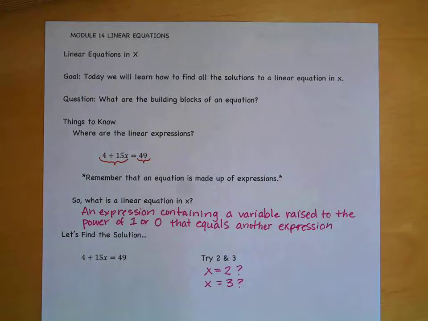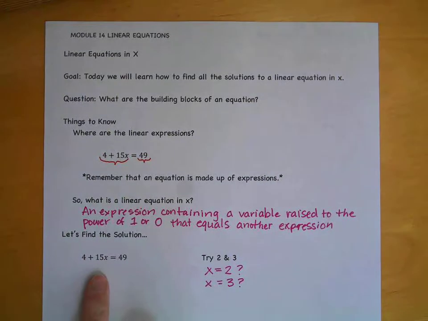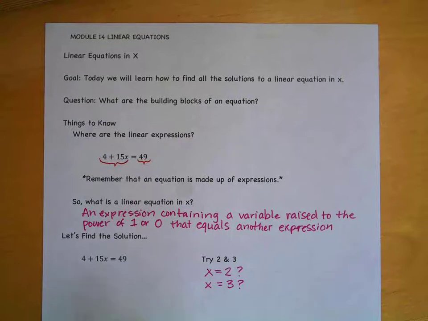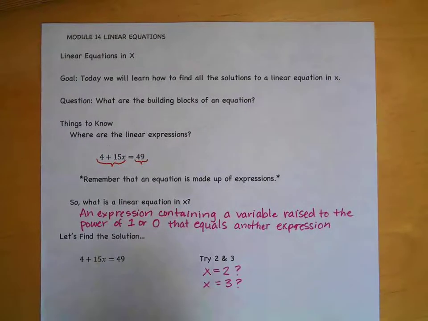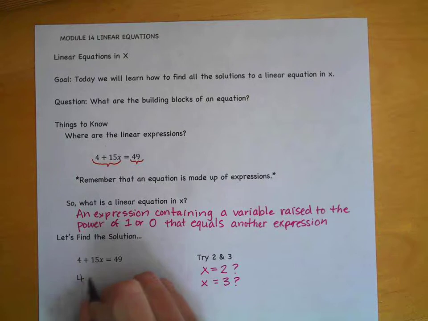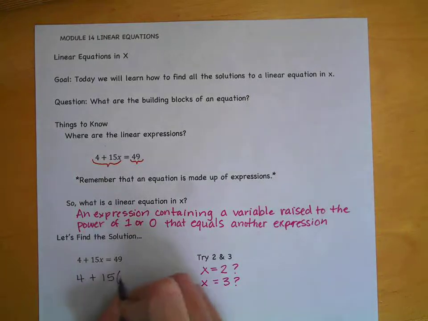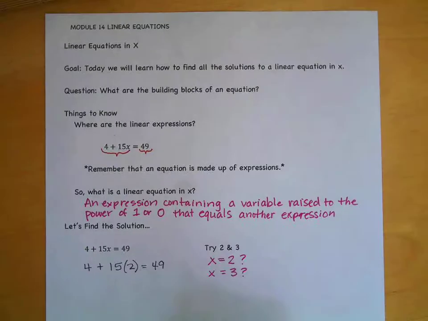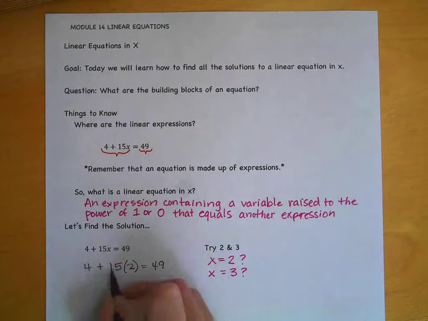So if we're going to do that, here's how you give it a try. You just plug it in. We're going to try 2 first and say 4 plus 15 times 2 equals 49. Okay, that's the first one we're going to try. We know that we need to do multiplication before we add.